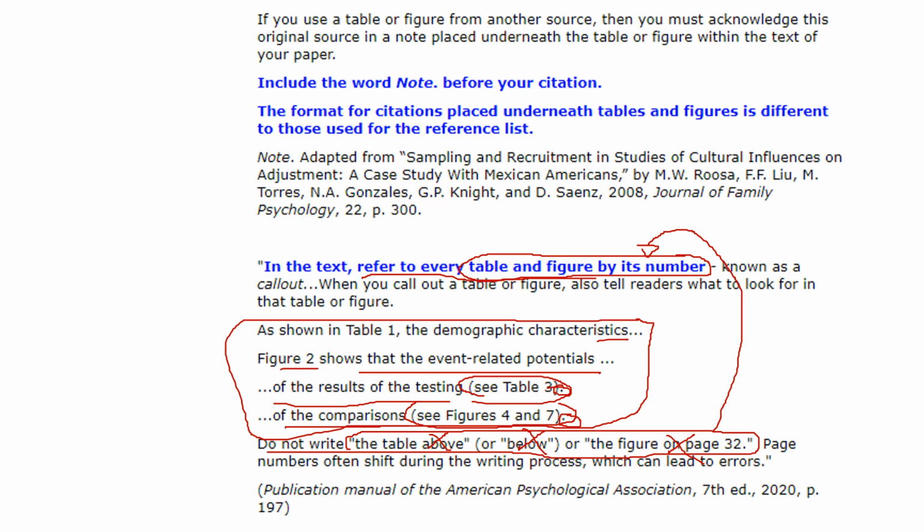Page numbers often shift during the writing process, which can lead to errors. You will be able to see these same notes on page 197 of the APA 7th edition manual.